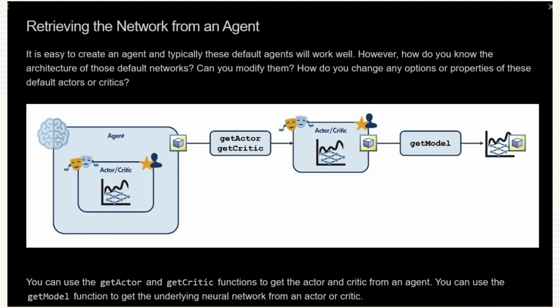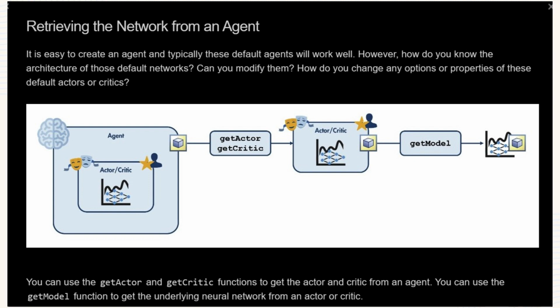Retrieving the network from an agent. It is easy to create an agent and typically these default agents will work well. However, how do you know the architecture of these default networks? Can you modify them? Or how do you change any options or properties of these default actors and critics?